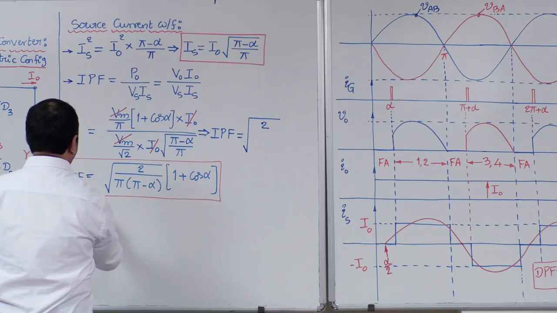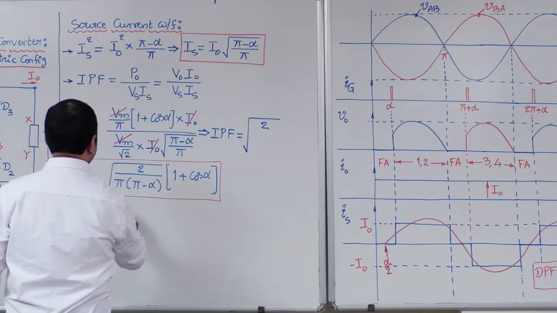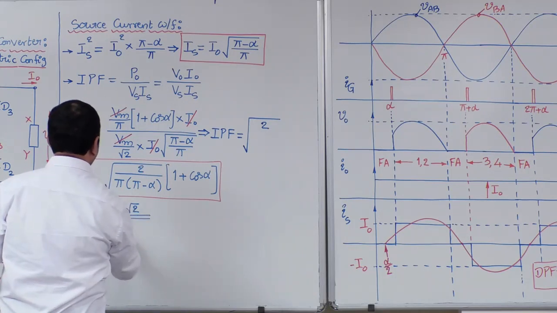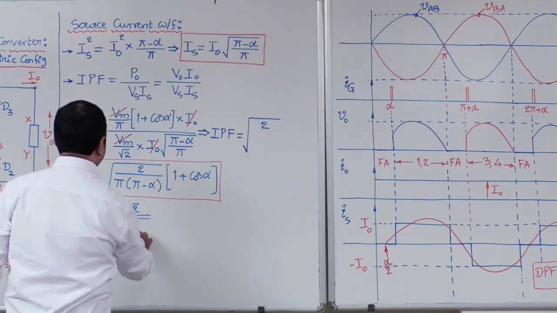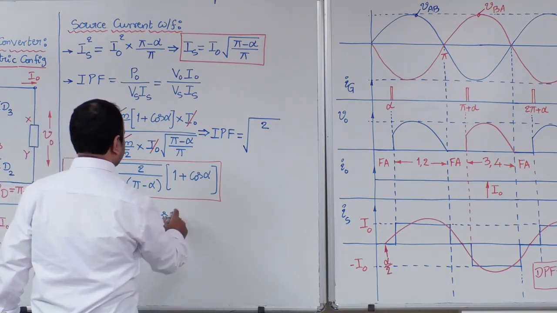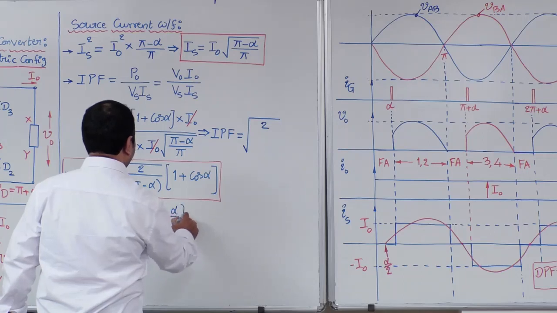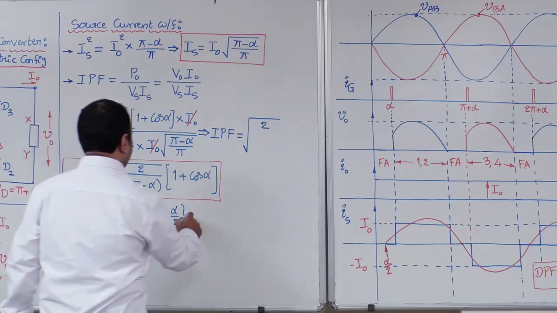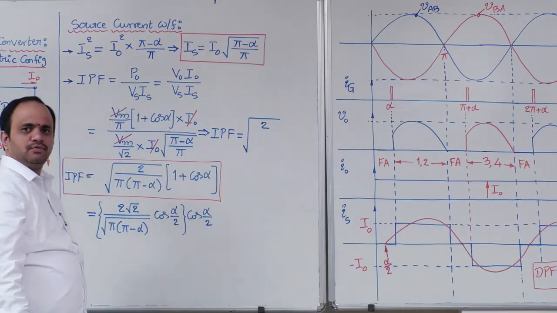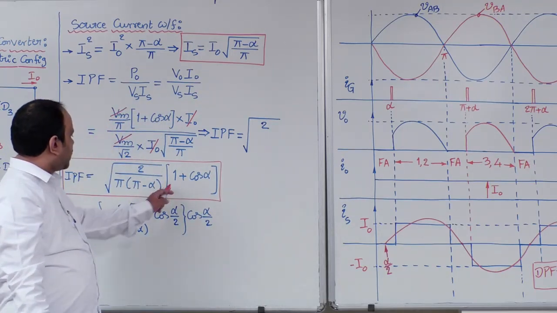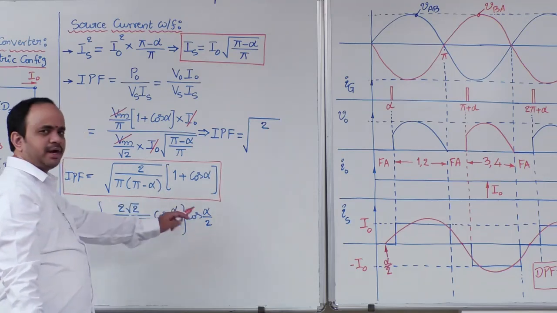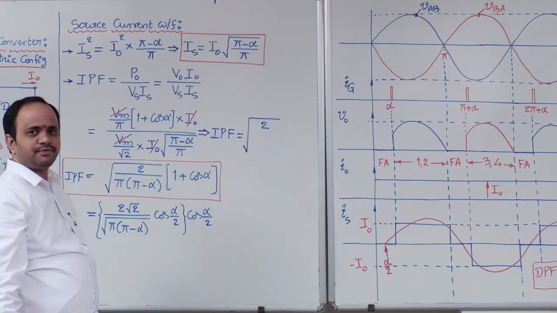We can also write down this expression as 2 root 2 by root of pi into (pi minus alpha) multiplied with cos(alpha by 2) into (1 more cos alpha by 2). What is the reason for this? I just wrote 1 plus cos alpha as 2 multiplied with cos square alpha by 2.